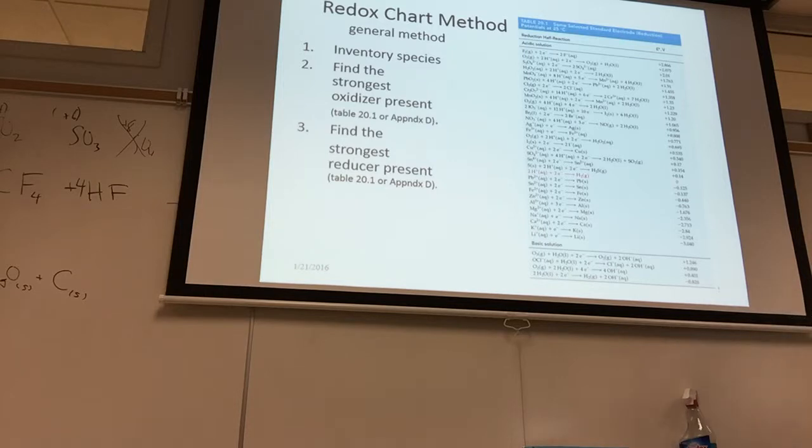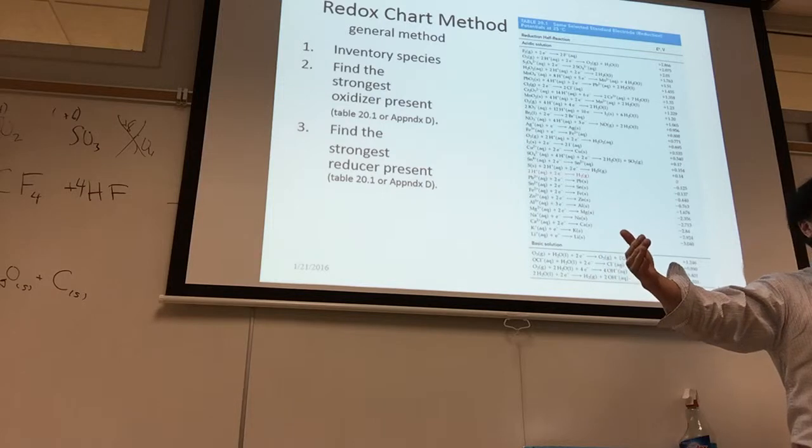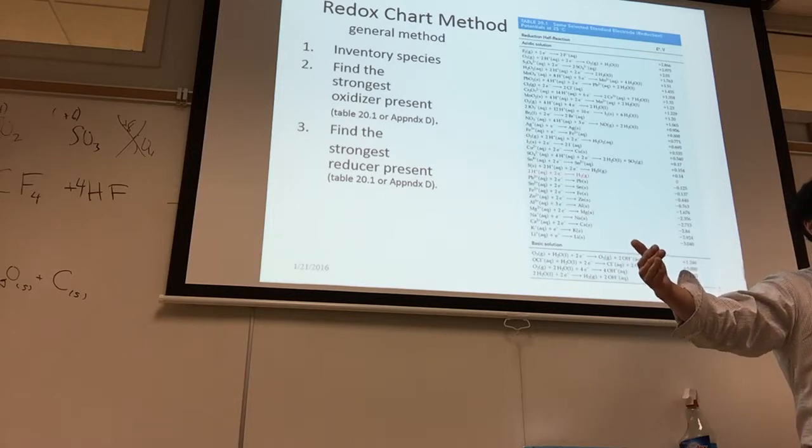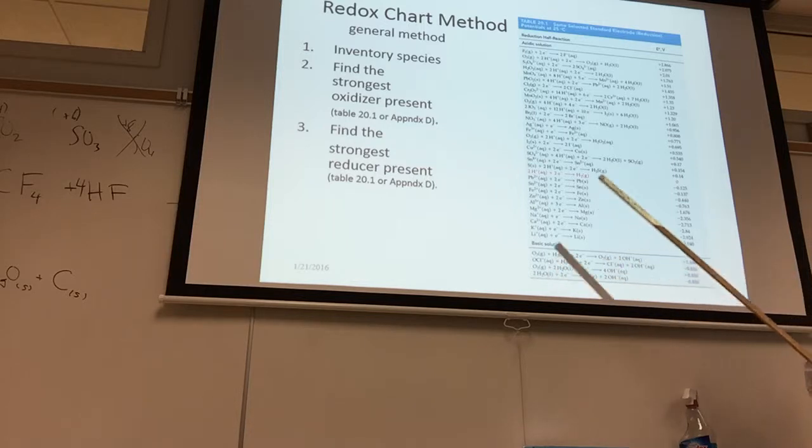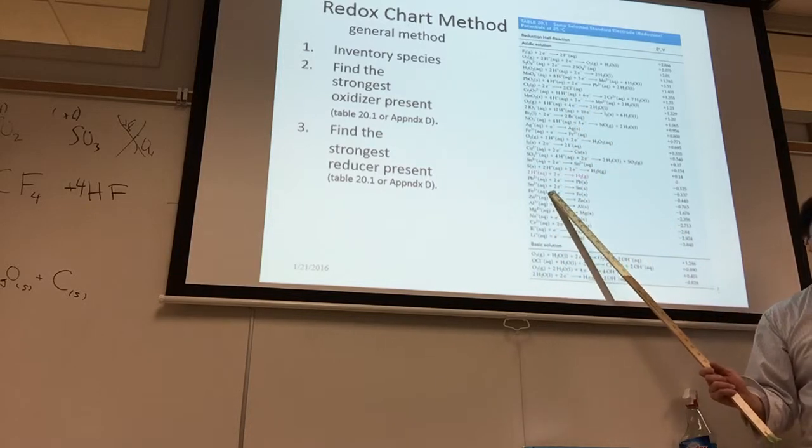For the redox chart method, you don't need to know the maximum or minimum oxidation state. You don't need to know that core electrons are 10 times harder to ionize than valence electrons. You don't need to know anything. All you need to know is how to use this chart.